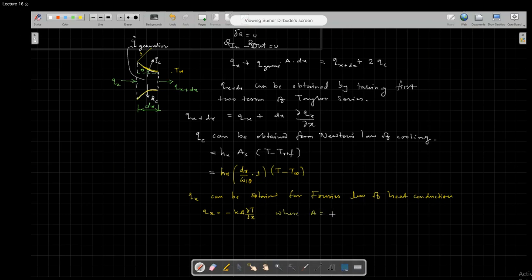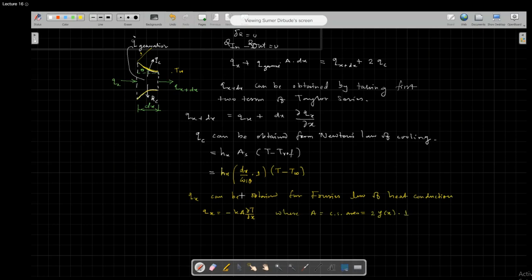a cross-sectional area, which is nothing but equal to twice y(x) into 1.